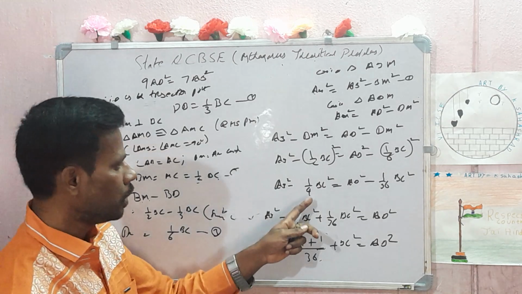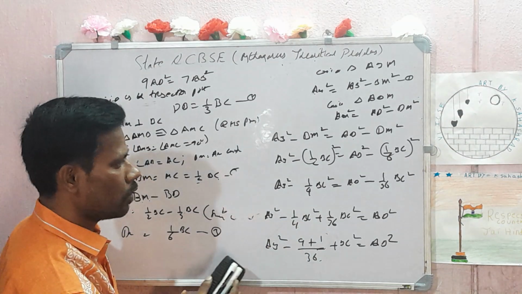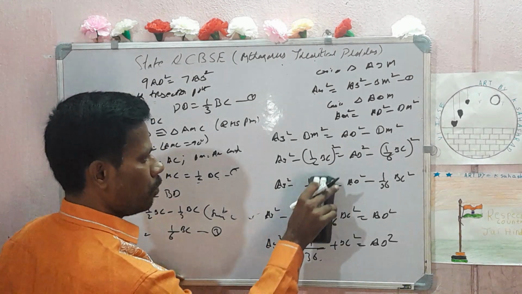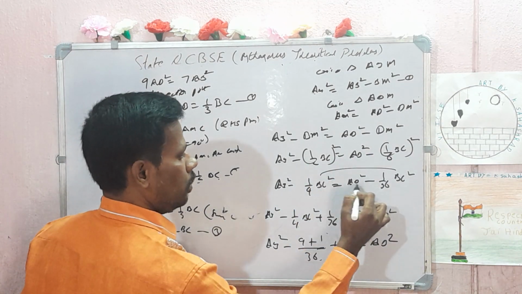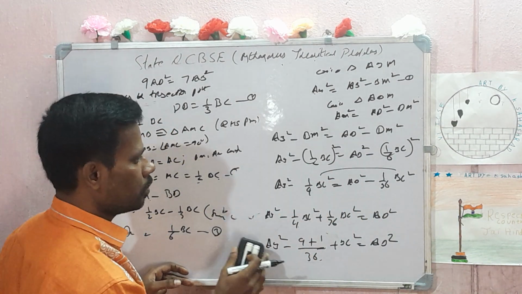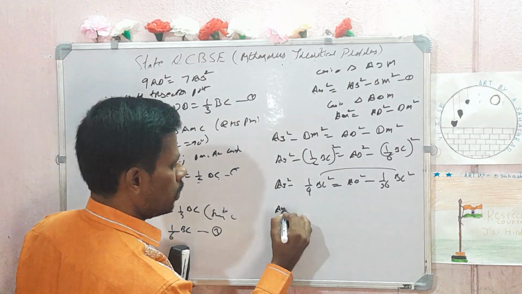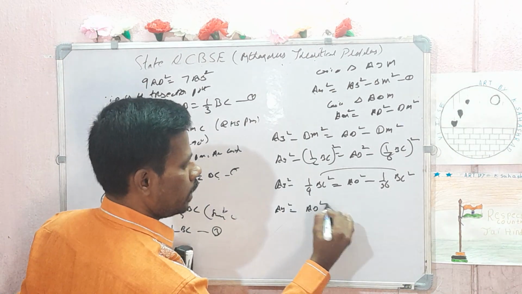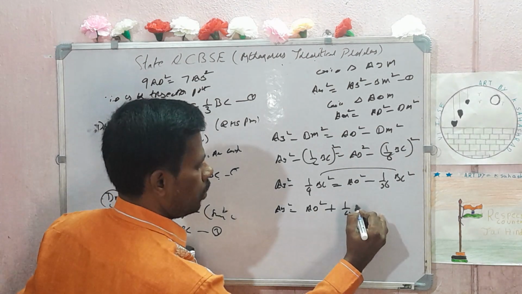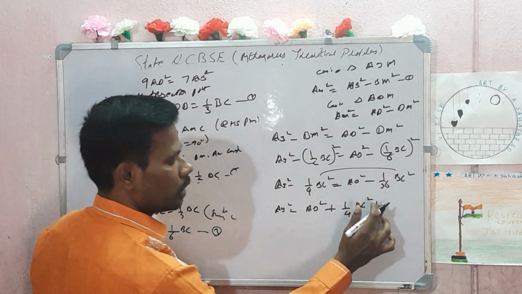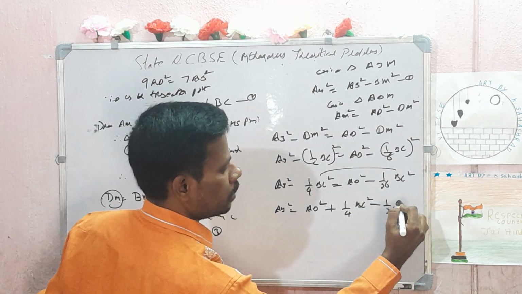Or else do one thing. Bring this to that side and let this be as it is. AB square is equal to AD square plus 1/4 BC square minus 1/36 BC square.